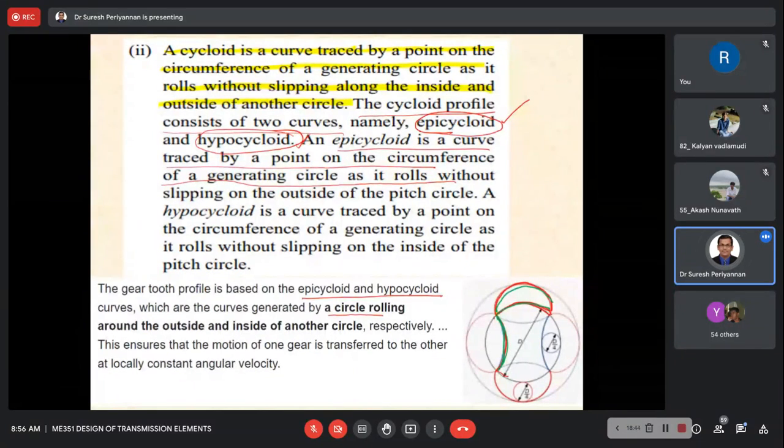This ensures that the motion of one gear is transferred to the other at a locally constant angular velocity without a slipping effect, while two gear teeth are meshing and transmitting, at the inside profile and outside of the gear. It should not be slipping. So this is the cycloid curve, but mostly we are using the involute. Most mechanical applications use the involute profile.